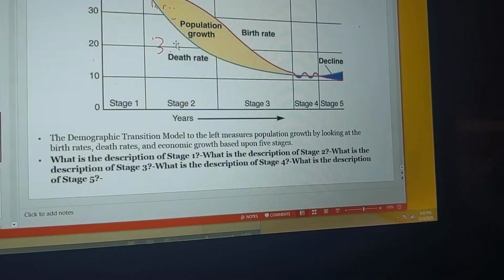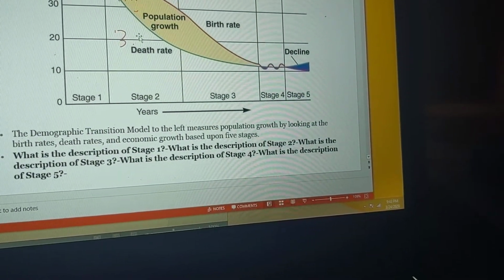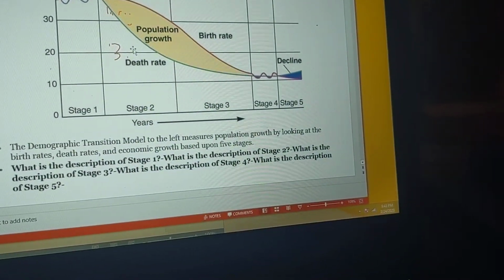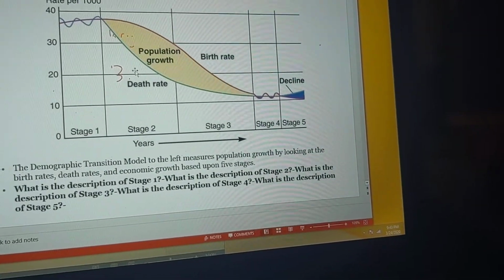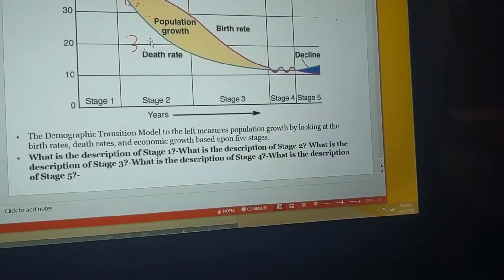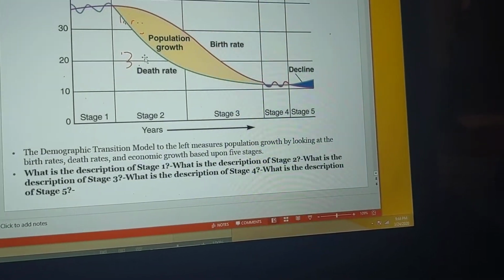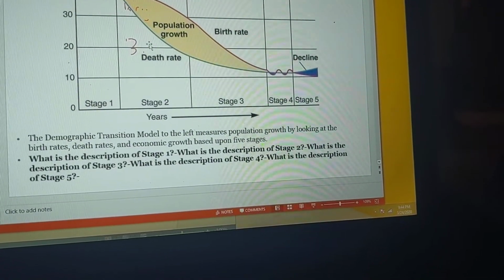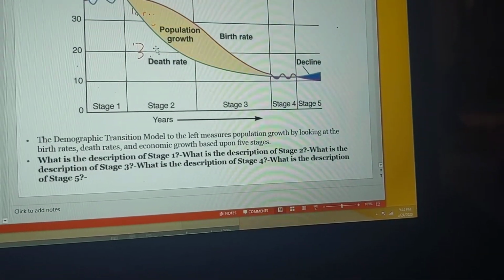A newer stage is stage number 5, okay? Sorry about the cat there. Stage number 5, what this is that, as the country ages, your death rate starts to actually increase because you have a very old population. Okay? Japan is currently in stage 5 right now.